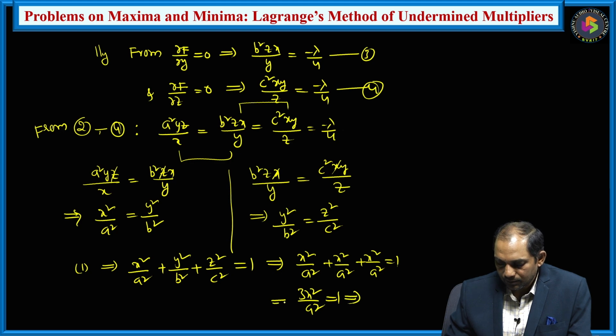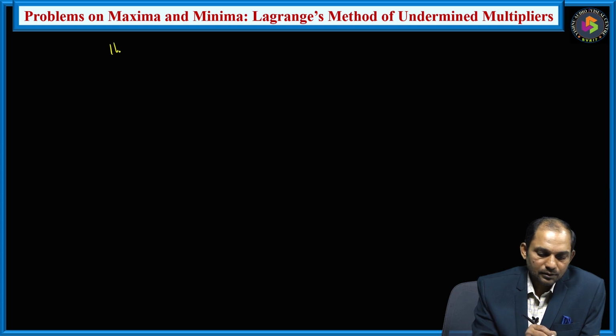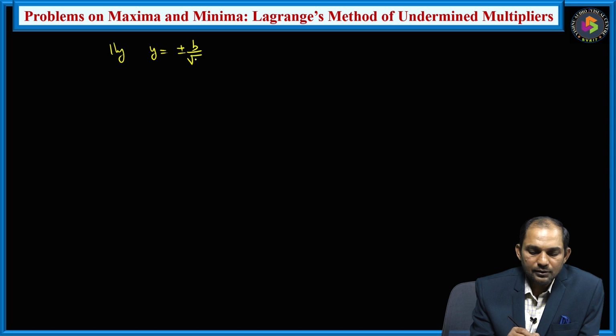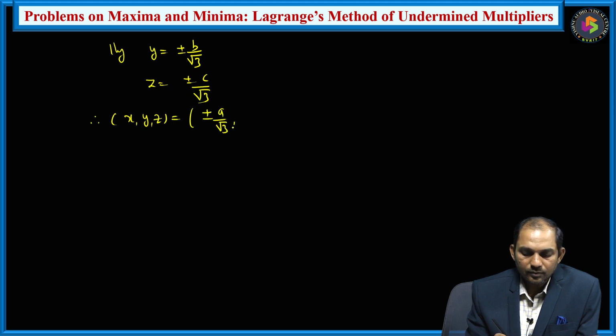It implies x is equal to plus or minus a by root 3. Similarly, y is plus or minus b by root 3, and z is equal to plus or minus c by root 3. Therefore, the stationary points are x, y, z equal to plus or minus a by root 3, plus or minus b by root 3, plus or minus c by root 3.